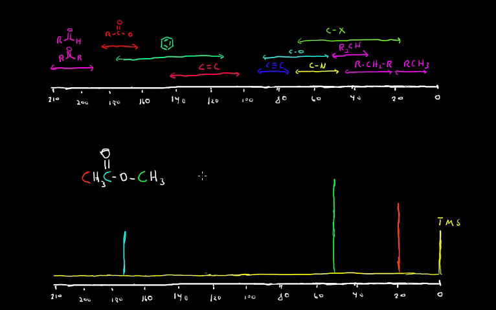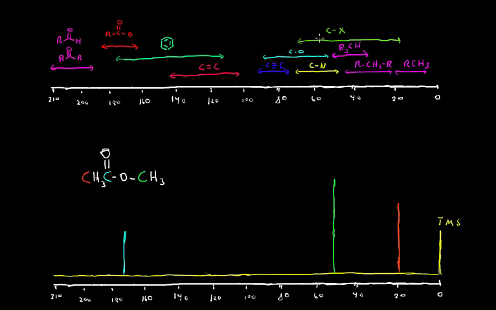And we see that in this last spectrum down below here of methyl acetate. So we'll begin with the red carbon here. That's just a simple CH3 bonded to a carbon, and it resonates right about where methyl groups resonate. We see that just up above here, just below 20 parts per million. Moving over to the green on the other side of the molecule, this green carbon is bonded to a very electronegative oxygen.